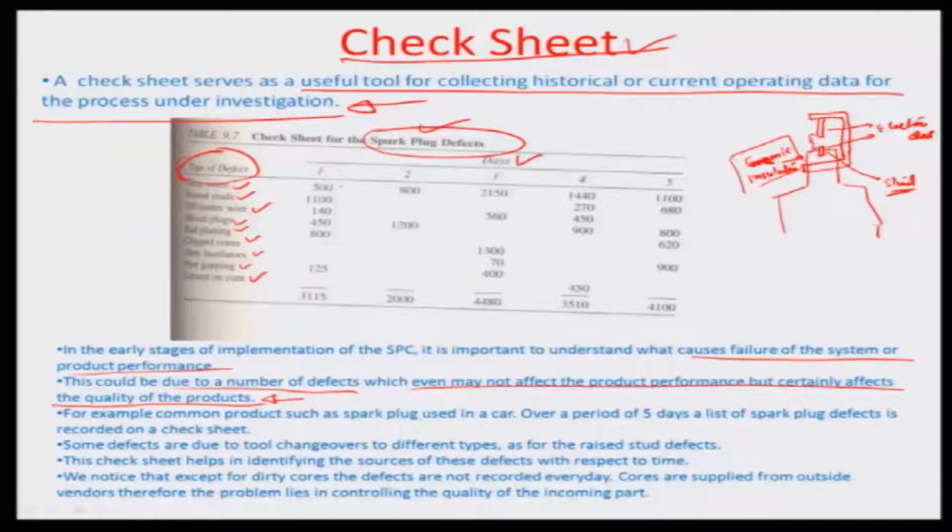And so he has actually on day one recorded, for example, 500 dirty cores, 1100 raised studs, 140 cases of off centered wires, about 450 mixed plugs, and then about 800 of bad plating, and then obviously 125 of poor gapping. So in total, out of whatever number of spark plugs have been produced on a given day, he has recorded about 3115 defects of different kinds.